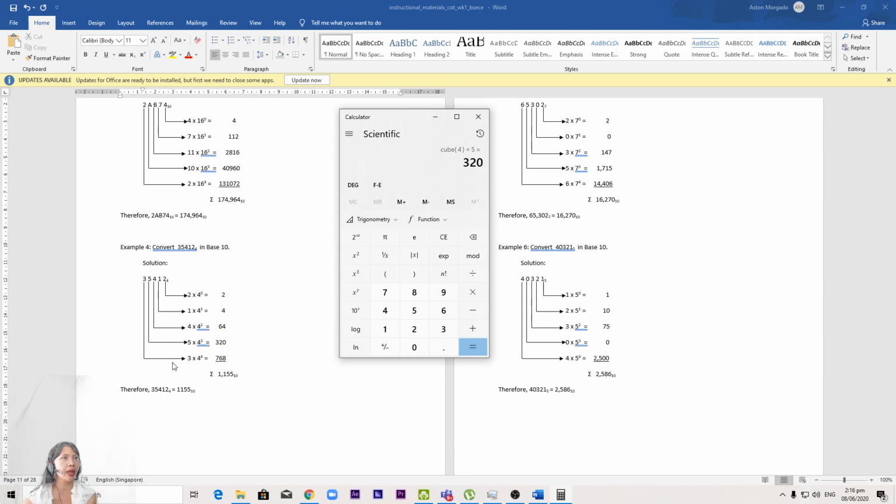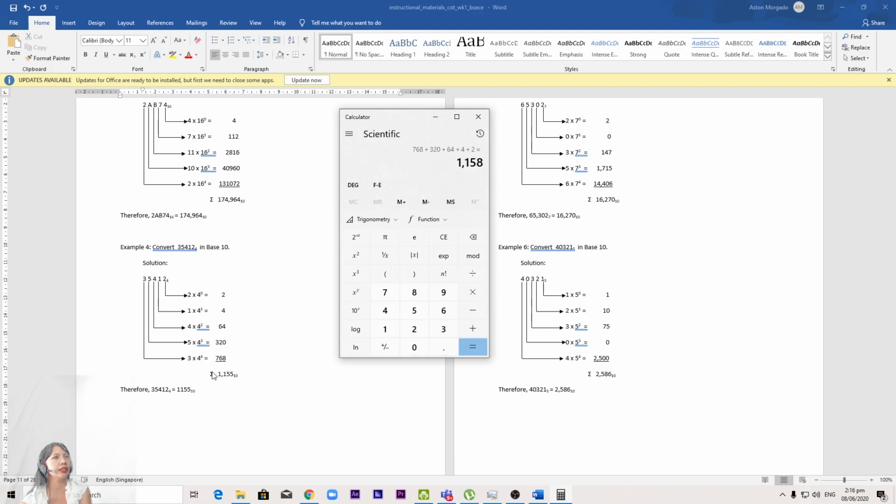And last we have 3 times 4 raised to 4. 4 raised to 4 is 256 times 3, so we have 768. Then let's add: 768 plus 320 plus 64 plus 4 plus 2.